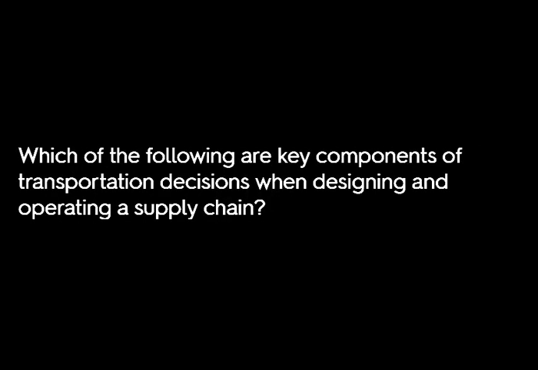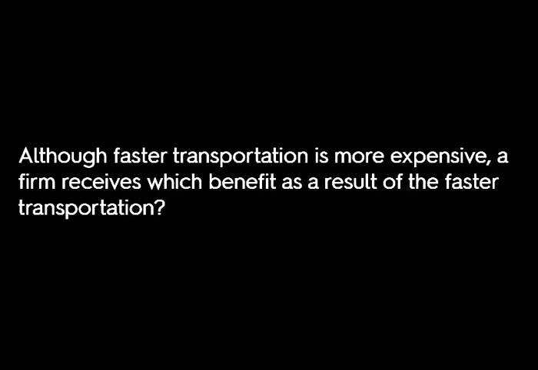Which of the following are key components of transportation decisions when designing and operating a supply chain? Mode of transportation. Although faster transportation is more expensive, a firm receives which benefit as a result of the faster transportation?